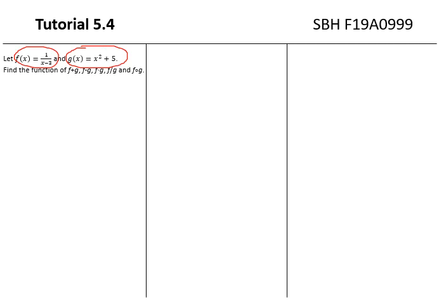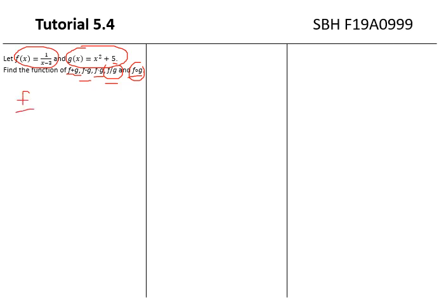Now we want to find the operation of those two functions: the summation, the difference, the product of the functions, the quotient of the functions, and the composite of those two functions. We will just do the last two. The rest you try yourself.